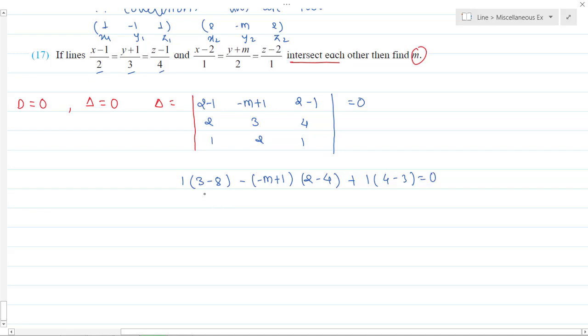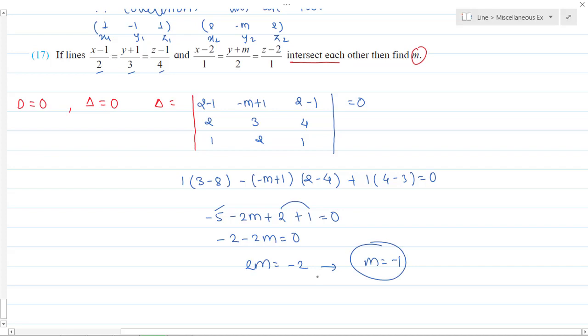Now solve for m. So this becomes -5, so minus minus, this becomes -2, so minus minus becomes +2. So 2 into -m becomes -2m plus 2, we have +1, which is equal to 0. So this -5 plus 3 becomes -2, so -2m minus 2 equals 0, so 2m becomes -2. So what is m, boss? m is -1. So m is equal to -1, then only the lines are intersecting.